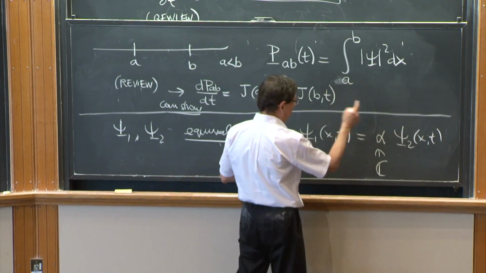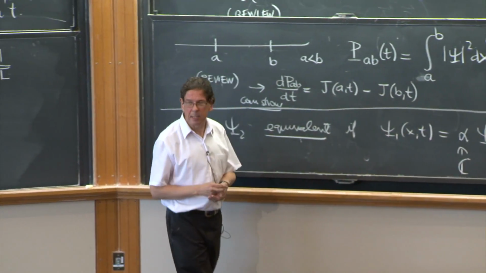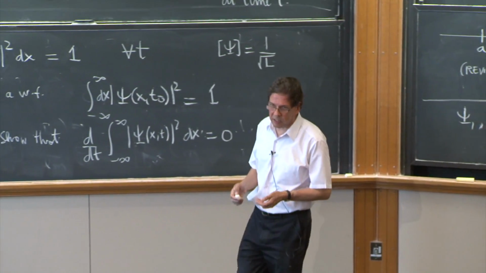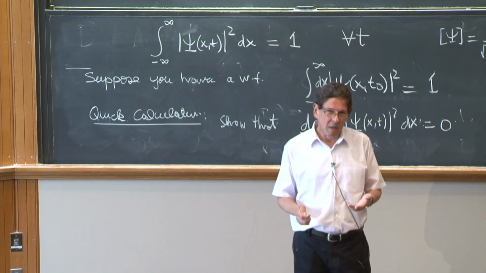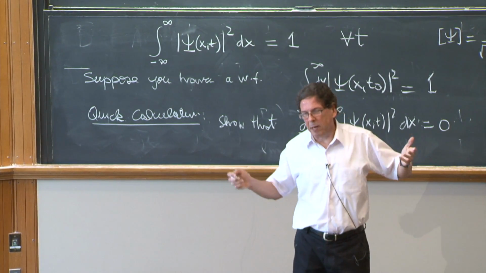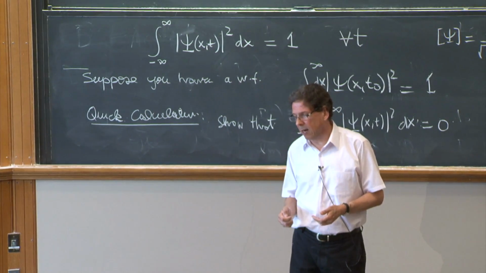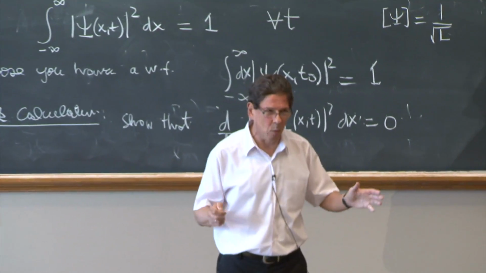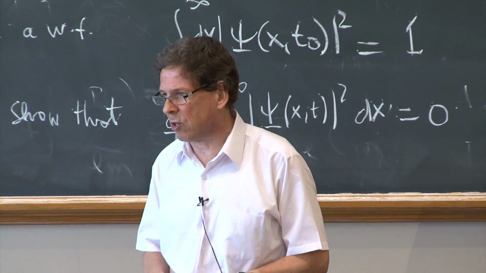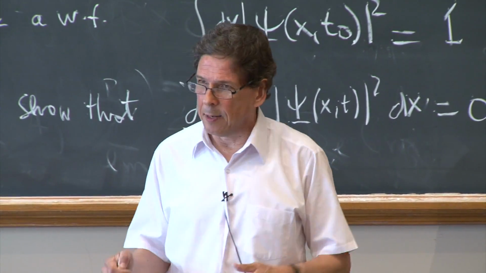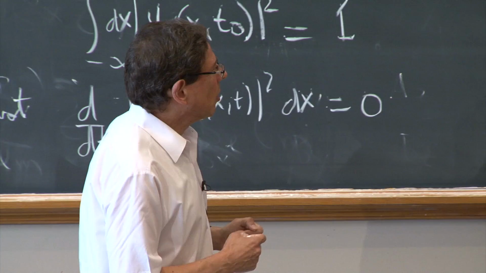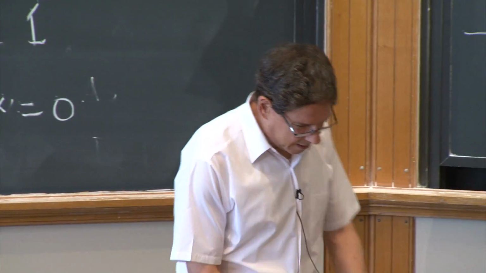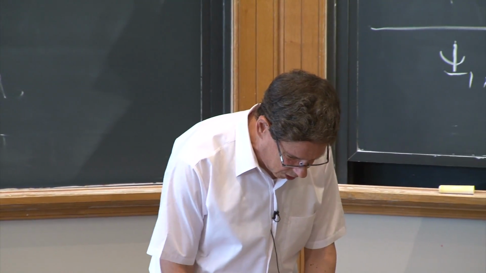Then one normalized implies the other is normalized. If they're not normalized, you can say, look, the only reason I'm not normalizing it is because I don't gain all that much by normalizing it. In fact, I can do almost everything without normalizing the wave function, so why should I bother? And we'll explain that very soon. So this is something that is part of the physical interpretation, and we should keep it.